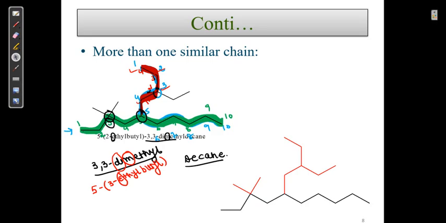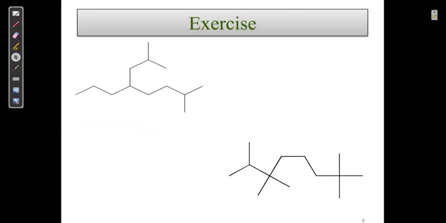Let us go ahead. These two names are also important for us. So if we will give the number 1, 2, 3, 4, 5, 6, 7 and 8.